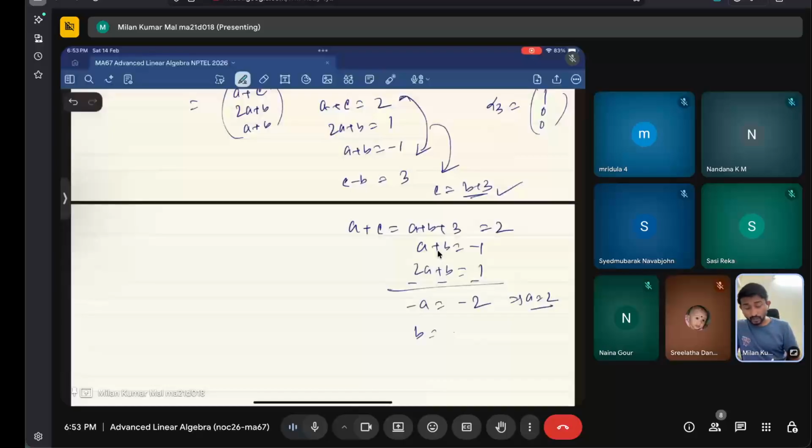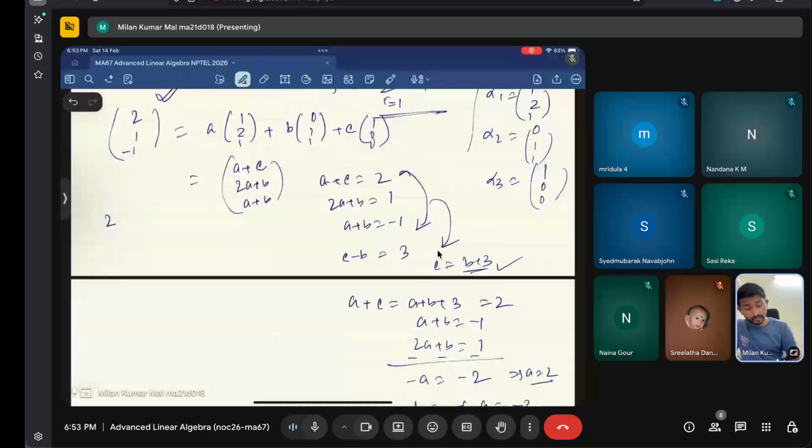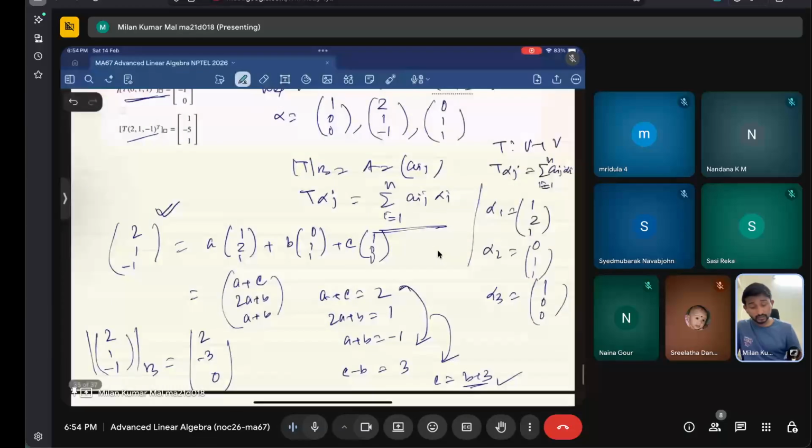So the fact is that the coordinate vector of 2 1 minus 1 with respect to this ordered basis is A is 2, B is minus 3, and C is 0. This is the coordinate vector. So T of 2 1 minus 1 with respect to beta is equal to the matrix representation of T times this coordinate vector.